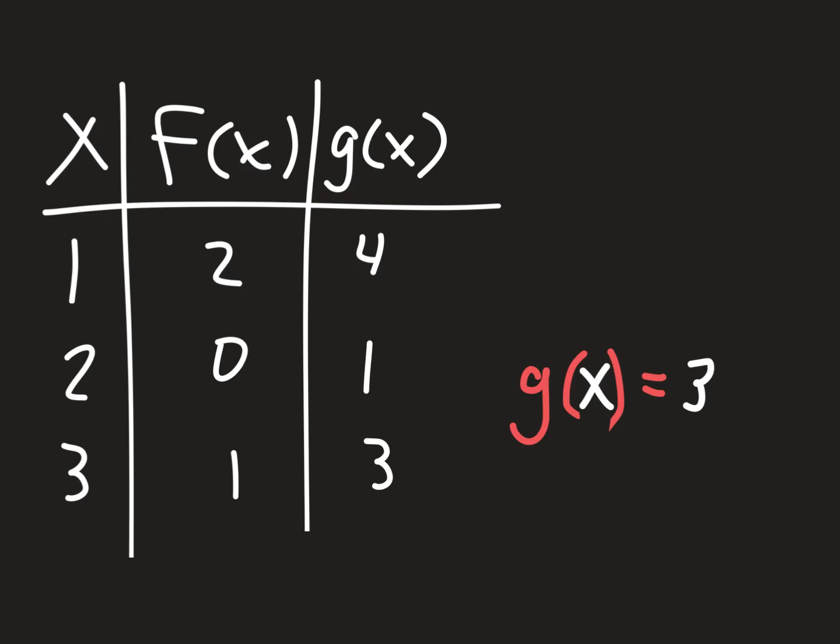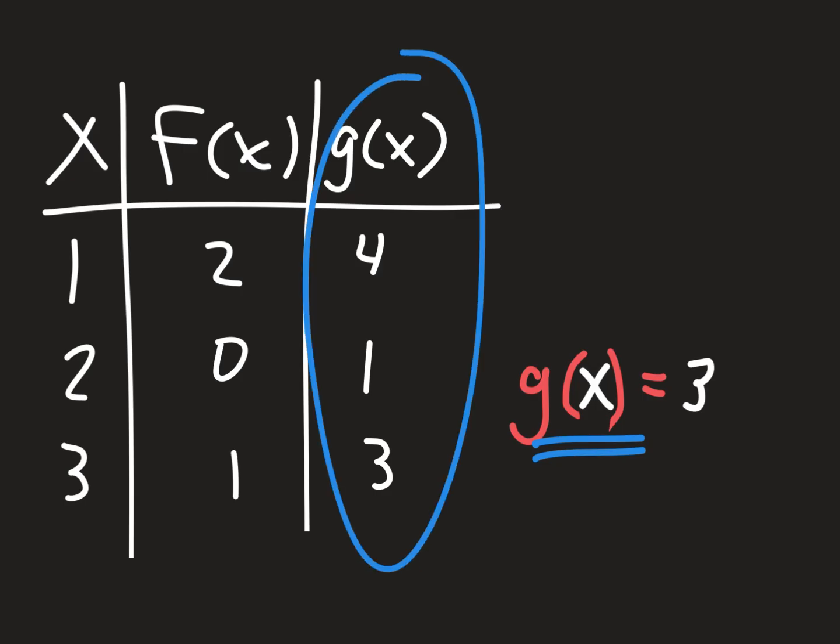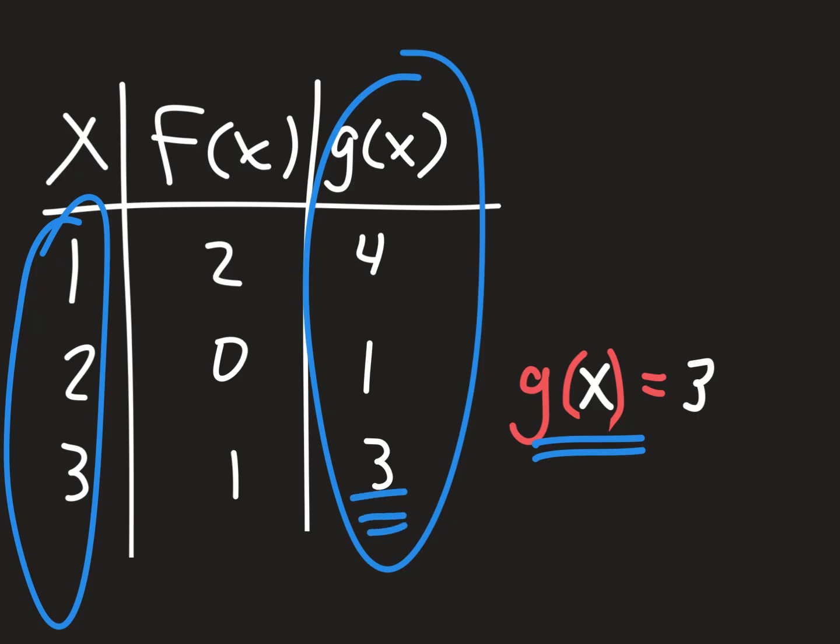Last time I was telling you the x, now I'm not. Now I'm telling you I don't know the x, but I know the answer comes out to 3, so it must be using this chart. I don't know which x it is. It could be any of these, but I'm not sure. But I know the answer comes out to 3, and so it's g of 3 is 3. I'm just going to write that.